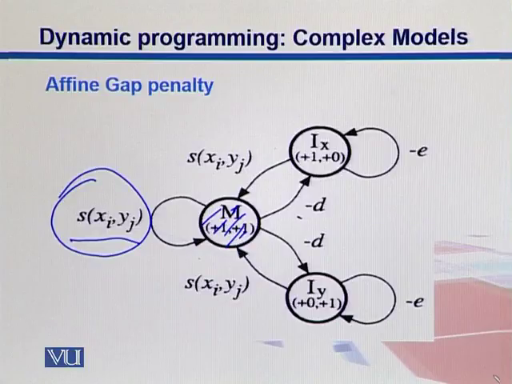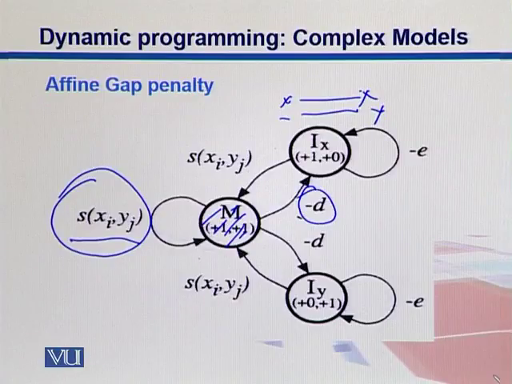Sometimes we get an insertion on, say for example, x, which is our top strand, and y is our bottom strand. So here we can observe an insertion on x. We can have some symbol on x, but we have a gap on y. In that case, from this match state with the penalty minus d, which is the gap opening penalty, the system moves to this situation where we have Ix, insertion over x, and a gap over y.